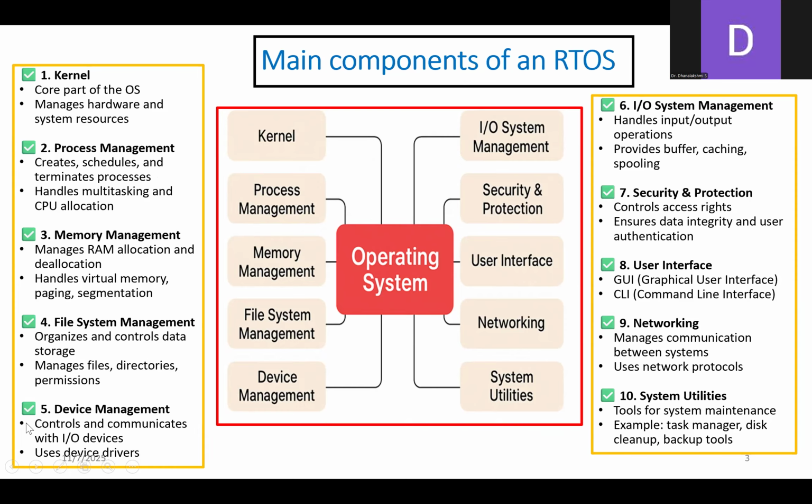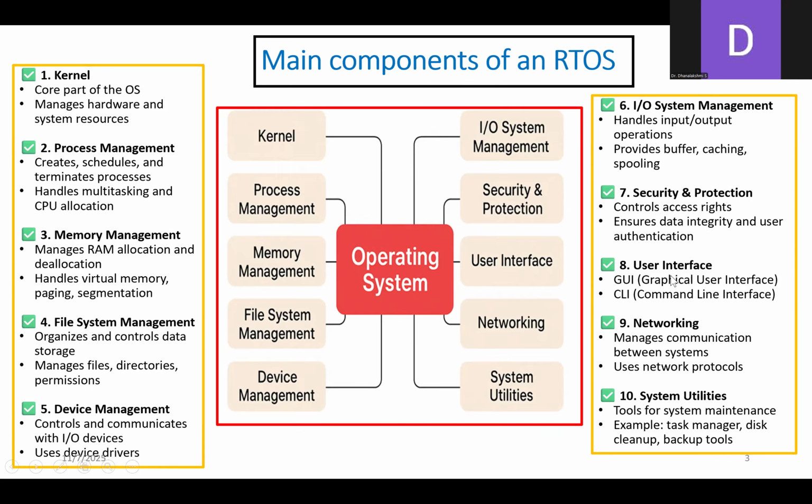Device management controls and communicates with I/O devices, using device drivers as well. Coming to the sixth important component, input-output system management. It handles input-output operations and provides buffering, caching, and spooling. On the security aspect, it controls access rights and ensures data integrity and user authentication.